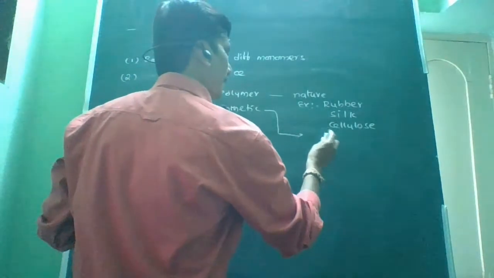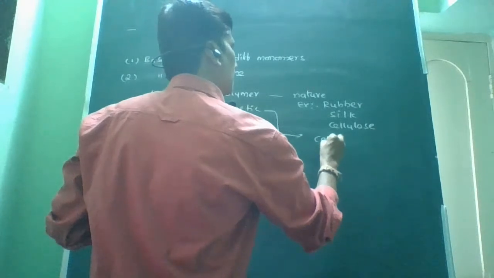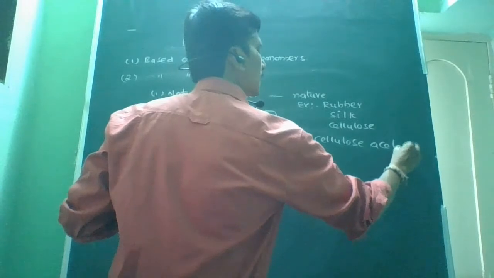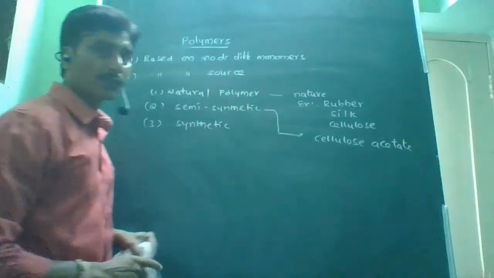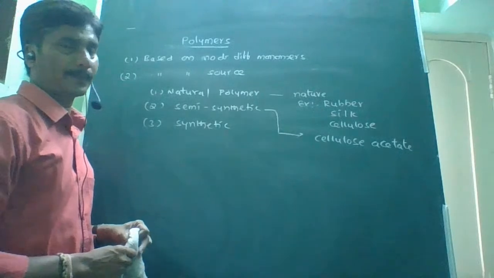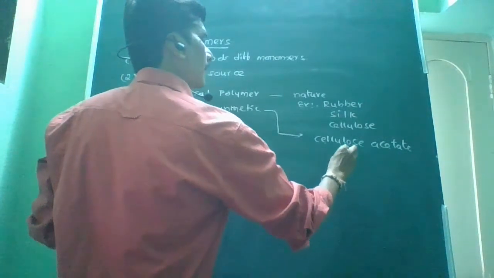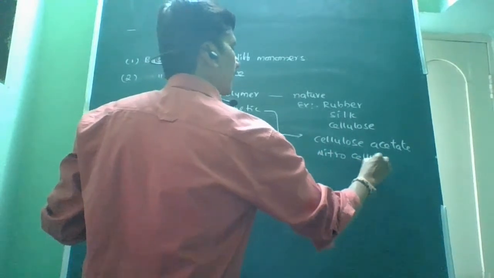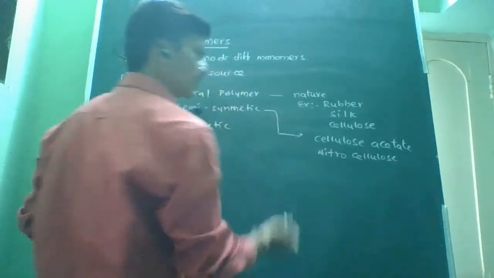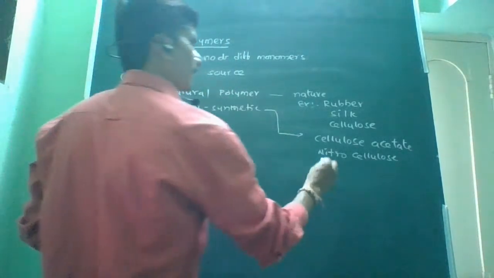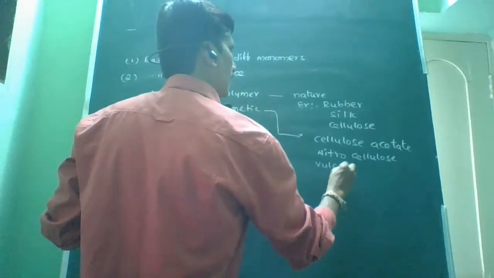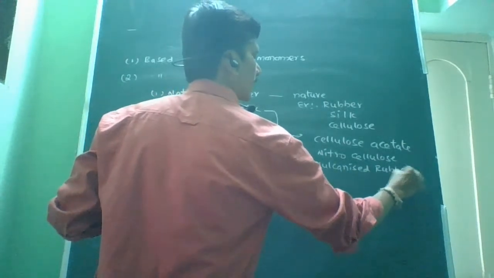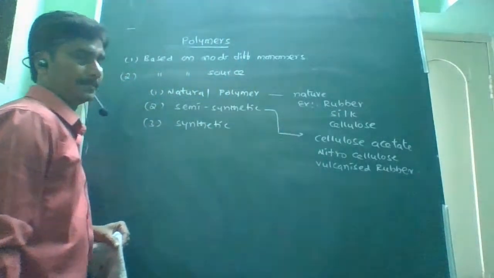For example, cellulose acetate, nitrocellulose, simply called gun cotton, vulcanized rubber.